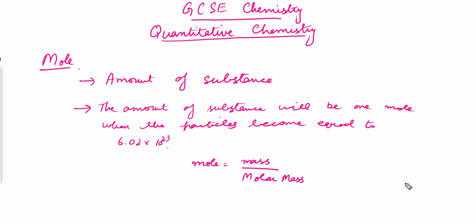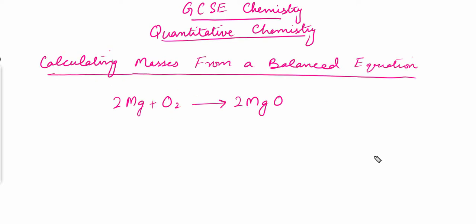Now let's discuss the calculation of masses from a balanced equation. For that purpose, we will discuss an example and see how we can calculate the unknown mass from a balanced chemical equation. We have been given a balanced equation.